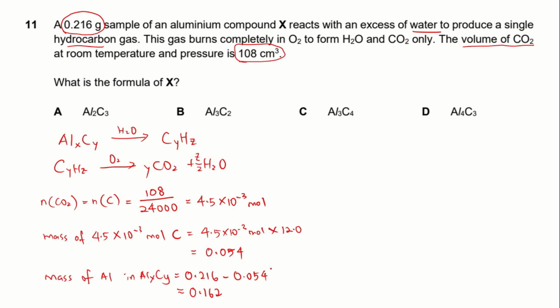Now I can use these two masses to find the ratio of aluminium to carbon in the aluminium carbide. Right, we use the same method as how we always find the empirical formula of a compound.